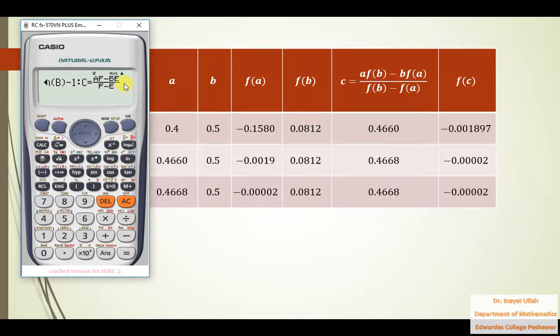And that is the value of c. And in the last column is about f of c. The given function is 2 cos hyperbolic x into sine x minus 1.